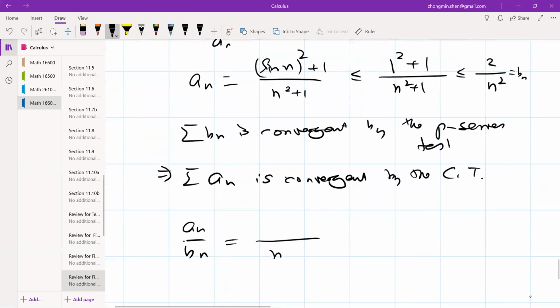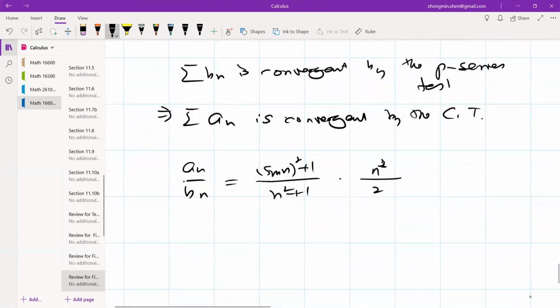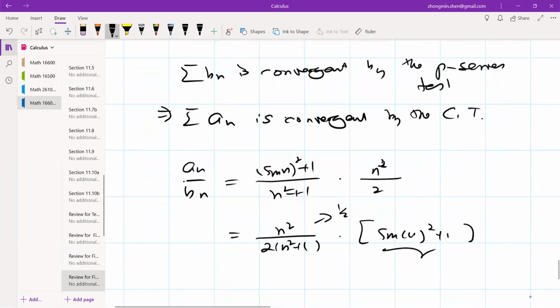So here is n squared plus 1, and sine n squared plus 1, and here is n squared over 2. After you simplify, you will get n squared over 2, n squared plus 1, no problem. But how do you handle this? This approaches 1/2, but this one does not exist.